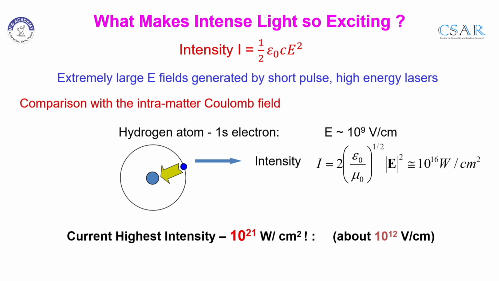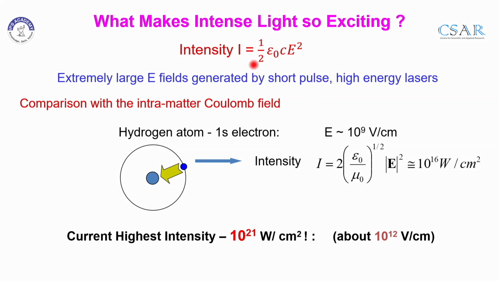So why is it so exciting? To understand this, we have to look into how light interacts with matter. It is essentially the electric field associated with the light, and the electric field is linked with the intensity by this relation. An extremely large electric field can be generated by high intensity pulses when we focus them to a small size.